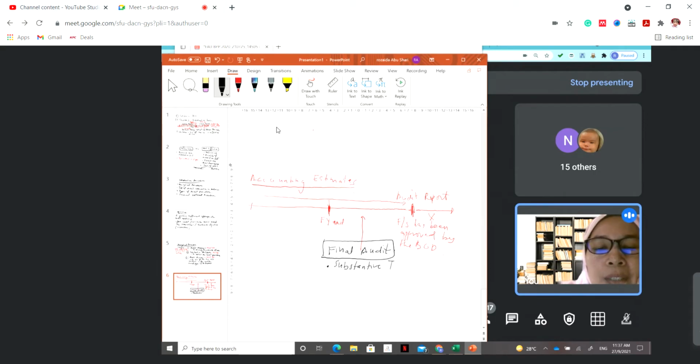Yang ni wajib. Sama ada detail or not detail, it depends on the result of the interim audit here. So if the auditor do not perform the interim audit, so means that they have to focus on the final audit and they have to focus for the substantive test.